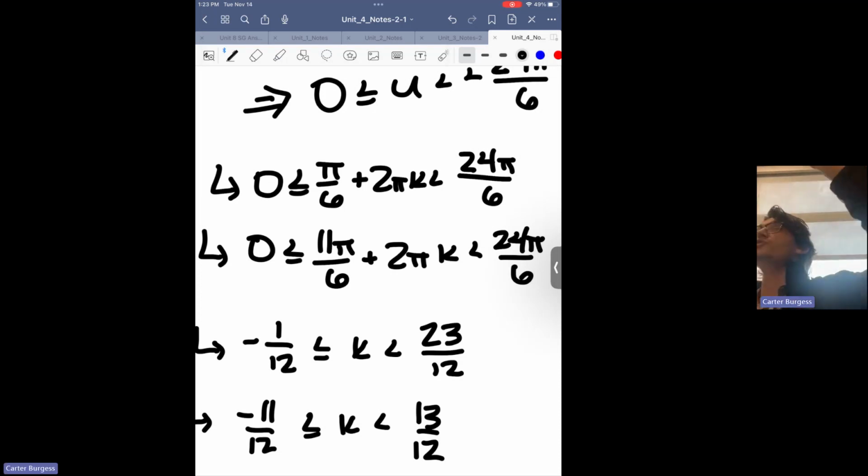You do every operation to all three parts. We subtract pi over 6 from all three segments, and then we divide by 2 pi. Since we didn't divide by a negative, we don't have to flip any of the inequalities, and we end up with just k on its own.